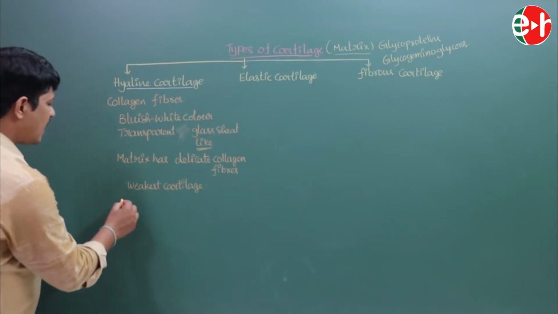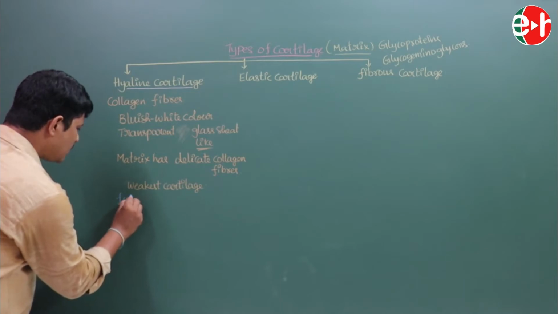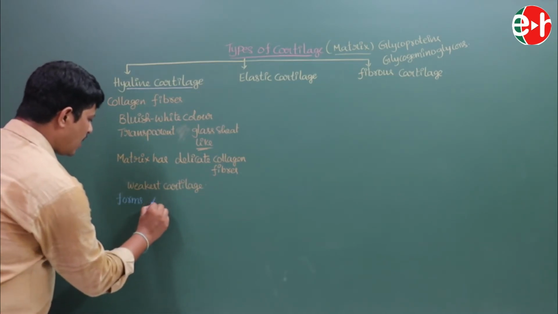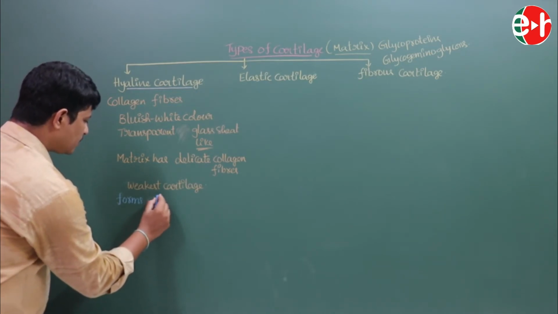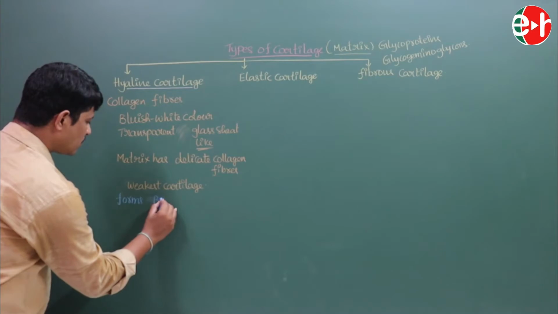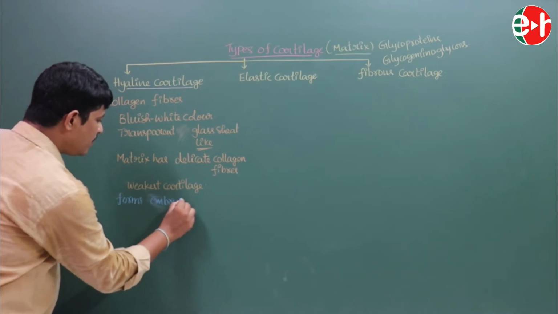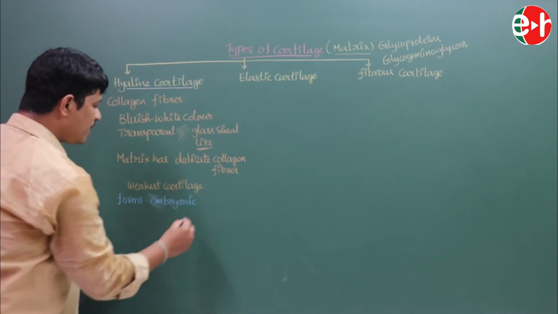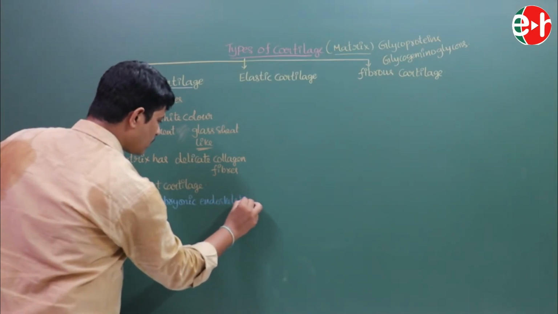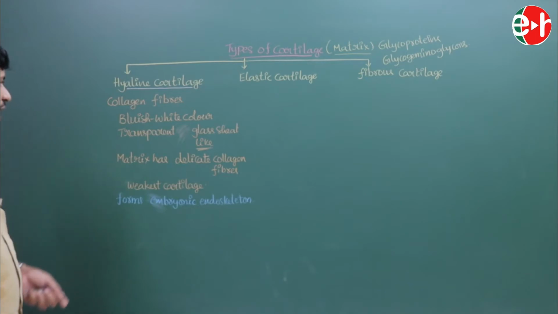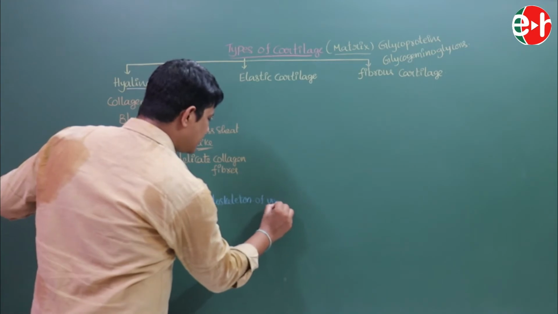Hyaline cartilage forms the embryonic endoskeleton of vertebrates.